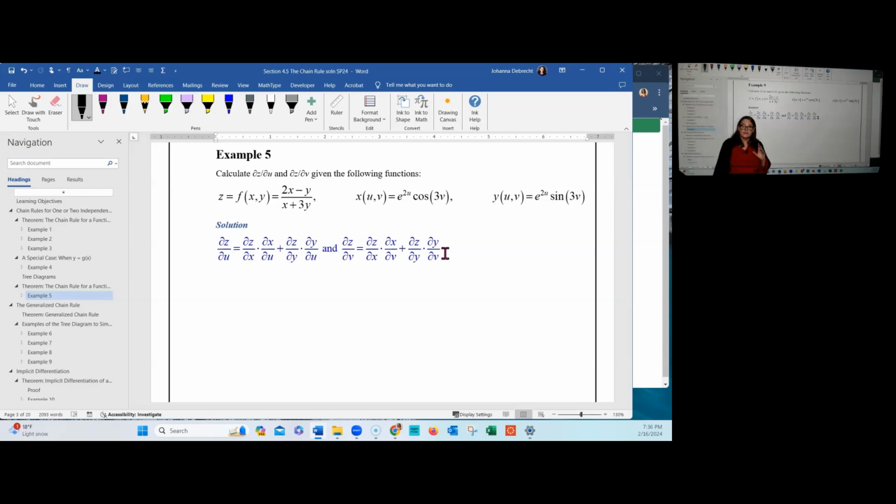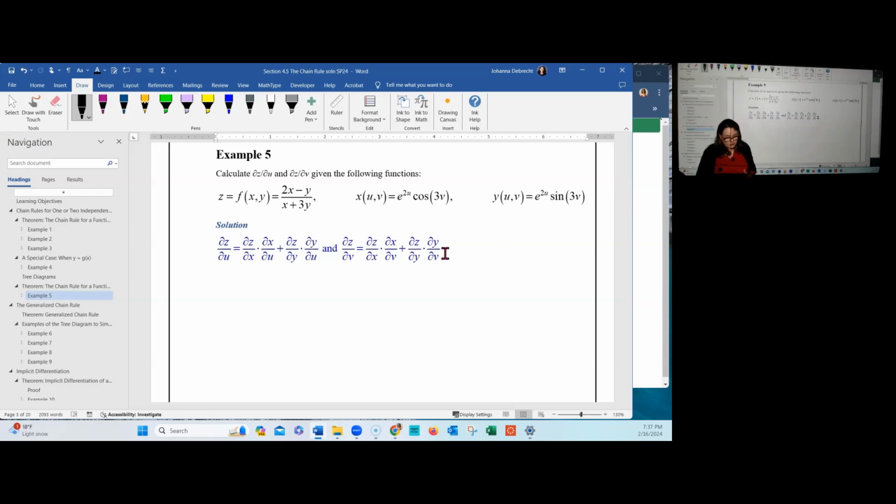X itself is a function of two independent variables, u and v. It is the exponential e to the 2u power multiplied by the cosine of 3v. Y is also a function of two independent variables, u and v. It's the exponential e to the 2u power again, but this time multiplied by the sine of 3v.